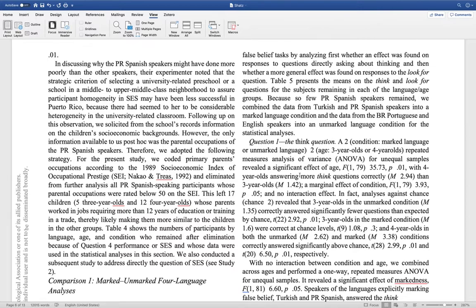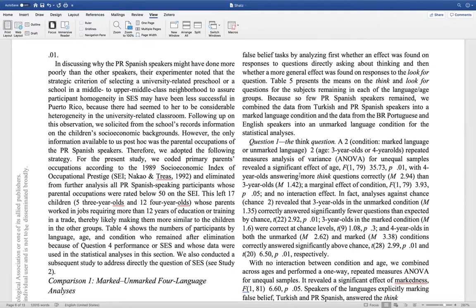in the university-related classroom. Following up on this observation, we solicited from the school's records information on the children's SES backgrounds. However, the only information available to us post hoc was the parental occupations of the pure Spanish speakers. Therefore, we adopted the following strategy.